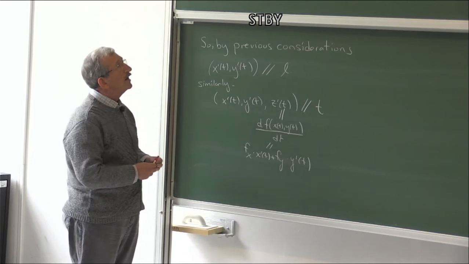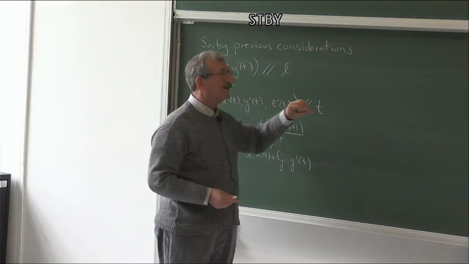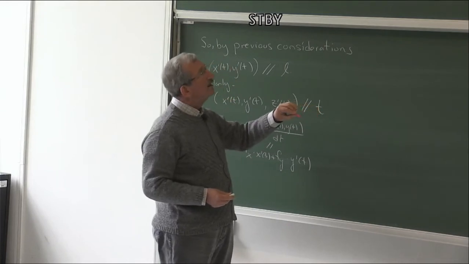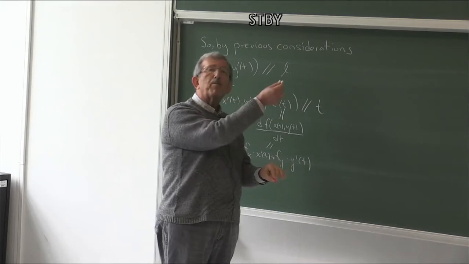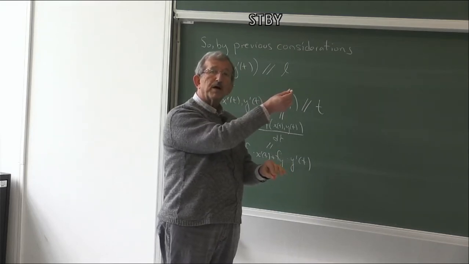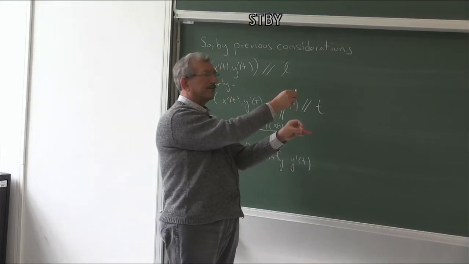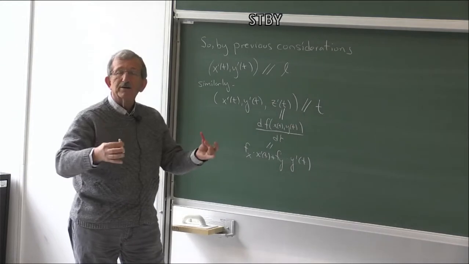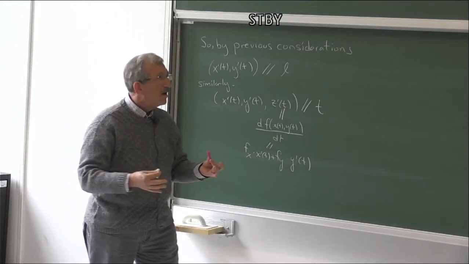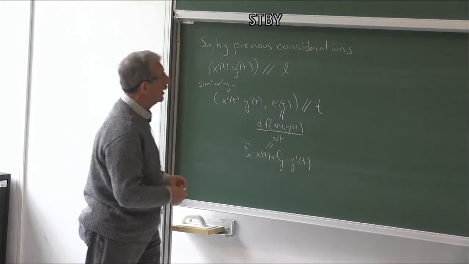So if we have a vector in plane which is parallel to L, a vector parallel to T is exactly on top of it, but with a z value, so they can look like this. Okay, one can have a positive or negative z component. But the first x y components are the same.